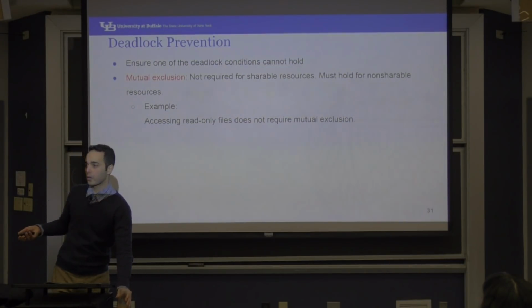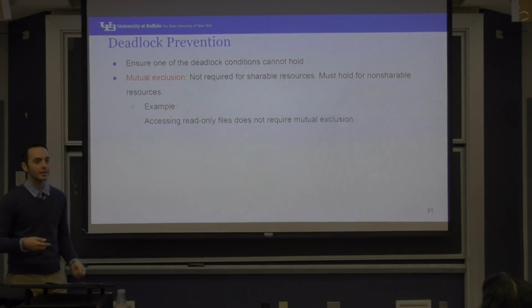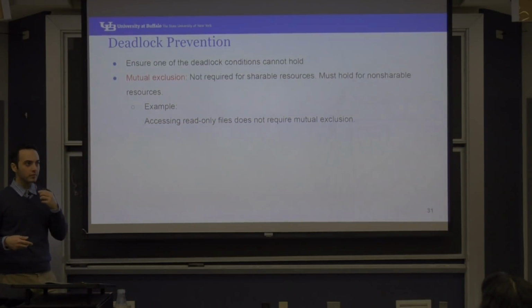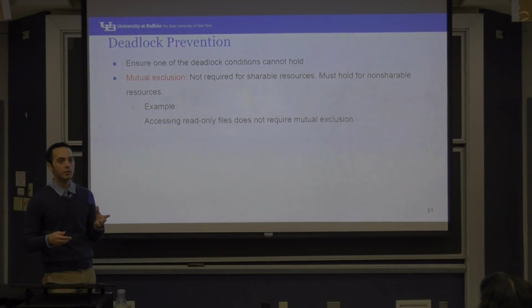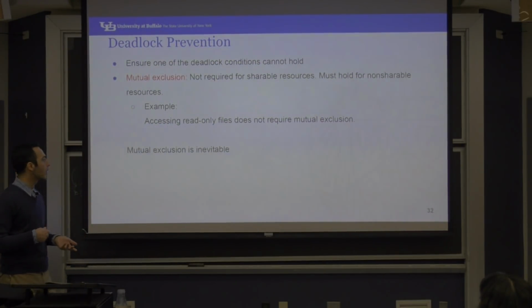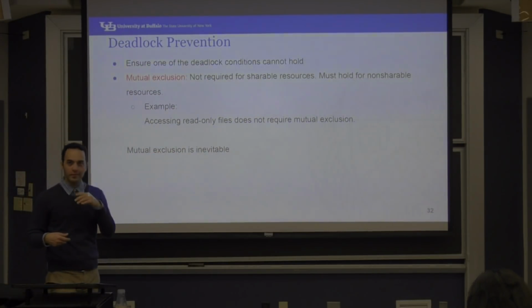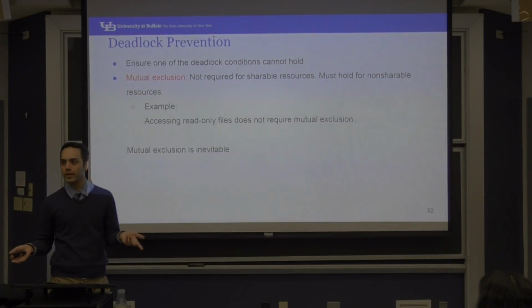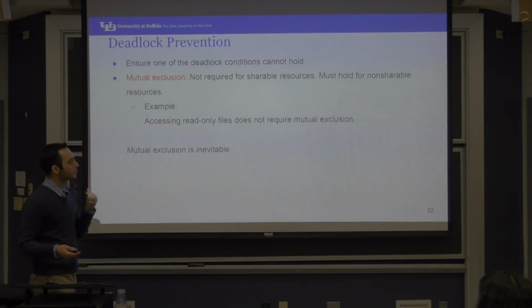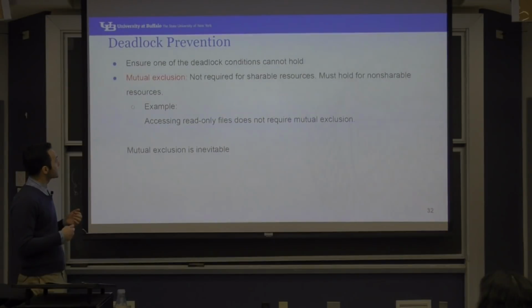No, your system does not work, right? So the idea is okay, but it's not practical because mutual exclusions are inevitable. As we have seen, if you don't do them, there are other problems that can happen. So, how about the next one?